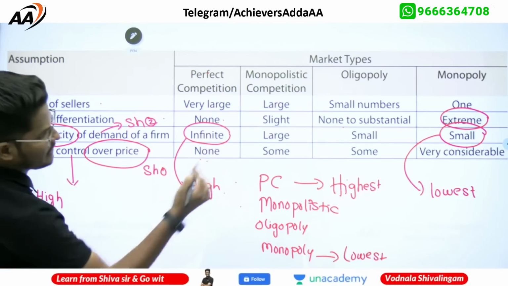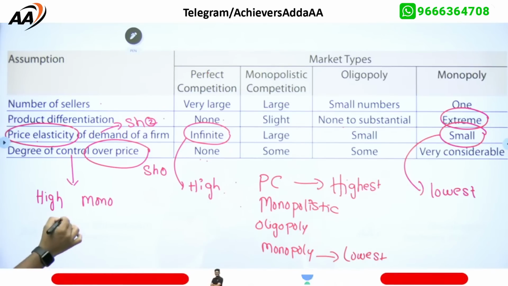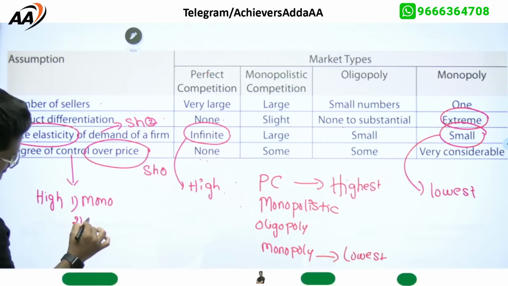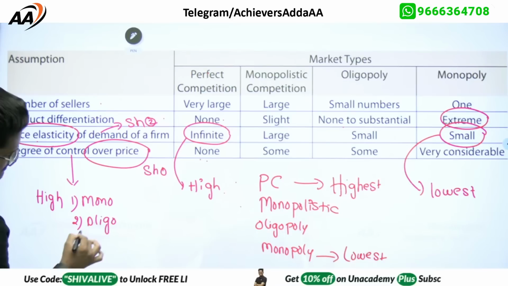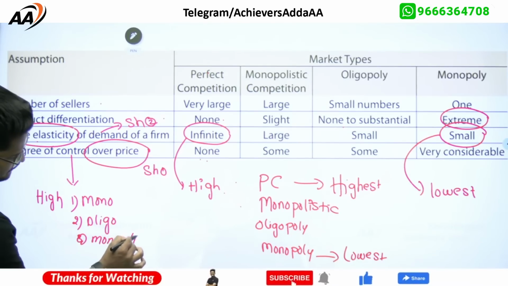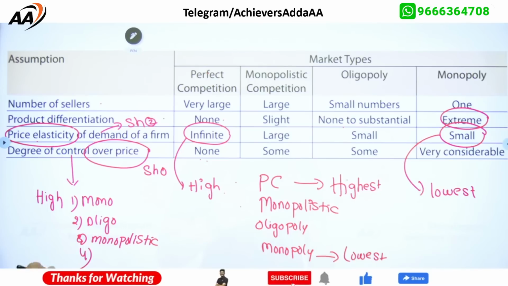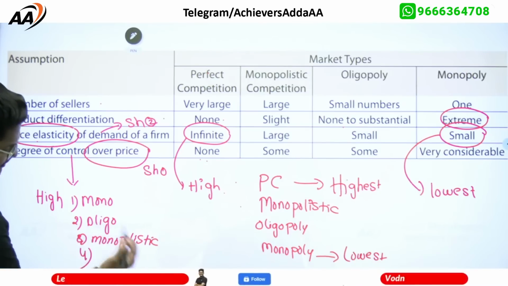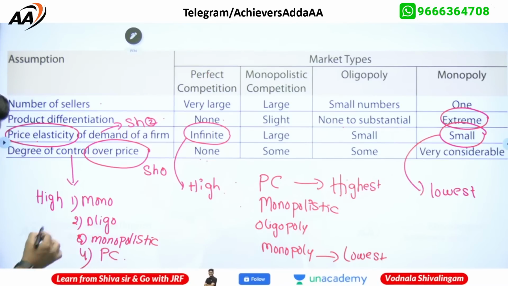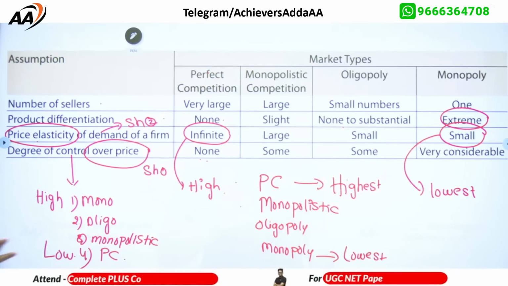High will be monopoly, and second will be oligopoly, third will be monopolistic, fourth extreme means there is no control over the price, there is no price decision, which is perfect competition.